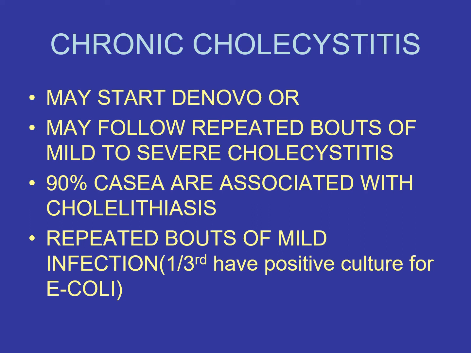And 90% of the cases are associated with cholelithiasis, meaning gallstones are there, and they lead to progressive inflammation because of irritation of the wall of the gallbladder, and that leads to chronic cholecystitis. Superimposed upon that are repeated bouts of mild infection. About one-third of the patients having chronic cholecystitis may be positive for E. coli.